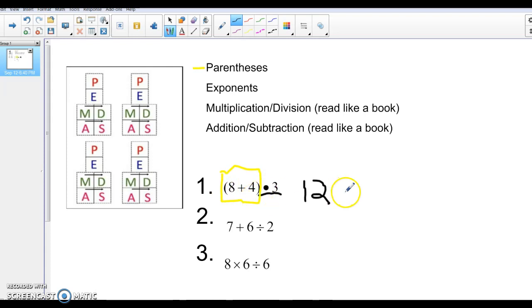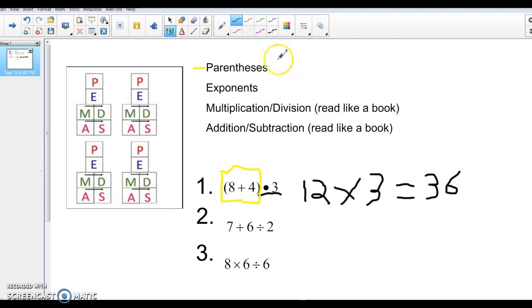So 8 plus 4 is 12, and then let's just rewrite it as 12 times 3. Now, there's nothing left for us to do except 12 times 3. 12 times 3 is 36. So we see that 8 plus 4, times 3, will equal 36.